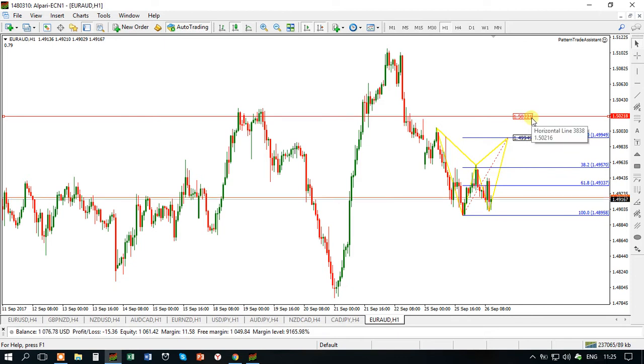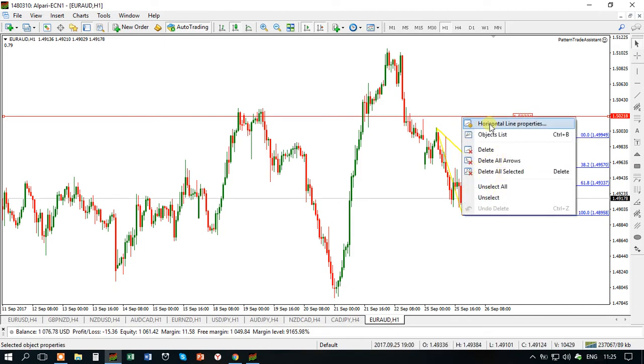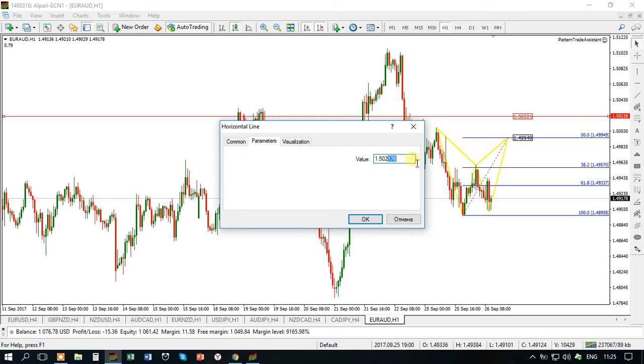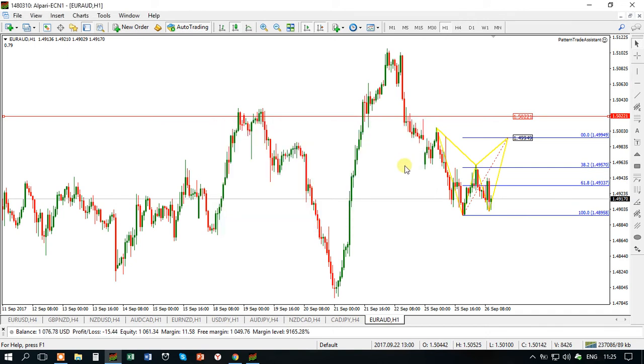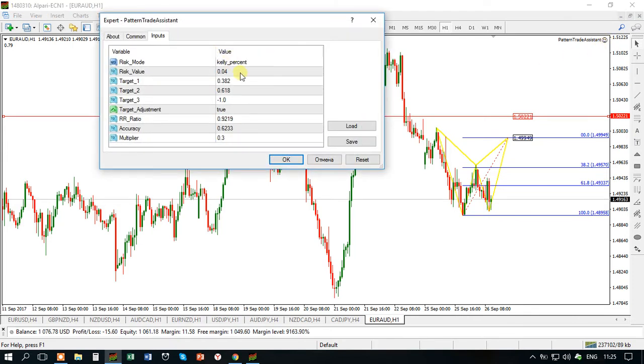Let's be precise. Okay, so now the stop loss is precise. And then the pattern trade assistant does a magic. You set your trading preferences, the money management calculations.